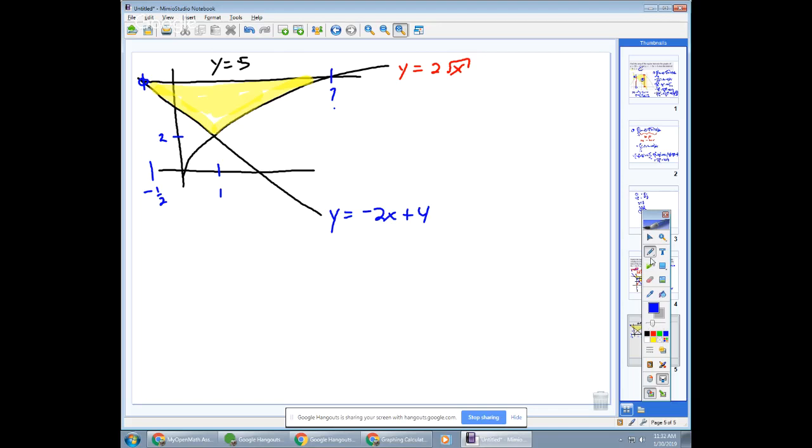So let's do that next. That is where 2 square root of x meets 5. So to find that intersection point, we divide by 2. So x is equal to the square root of 5/2.